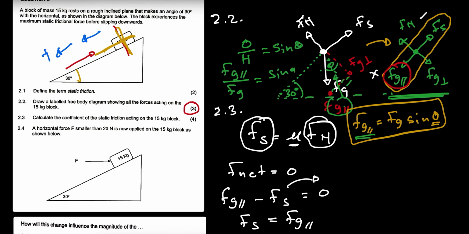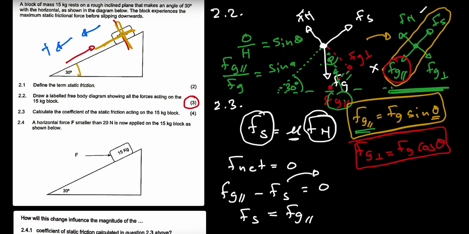But like I was saying, for FG perpendicular, you should always use FG cos of theta. If you can memorize these two equations, especially for inclined planes in physical science, then you should be okay. Like I said, the static frictional force is equal to the FG parallel.